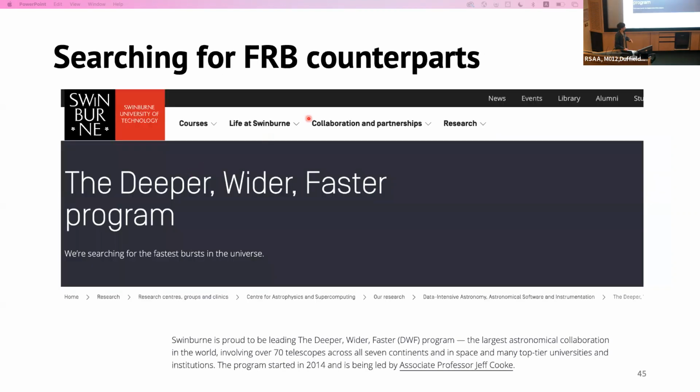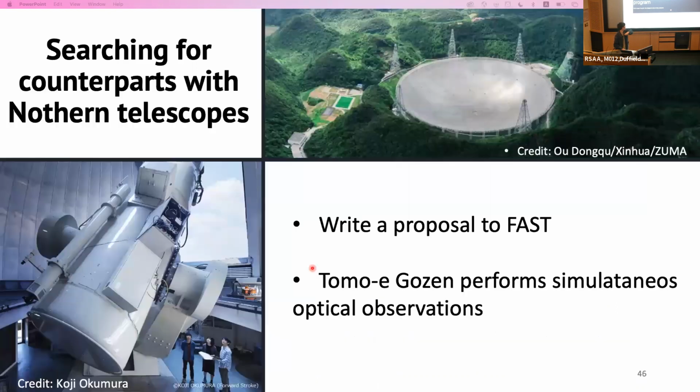So for FRB, we are doing something similar. Like in this project, I'm trying to join the Deeper, Wider, Faster program in Swinburne. So they are doing simultaneous observation of FRBs using different wavelengths, different telescopes. So I will join this.